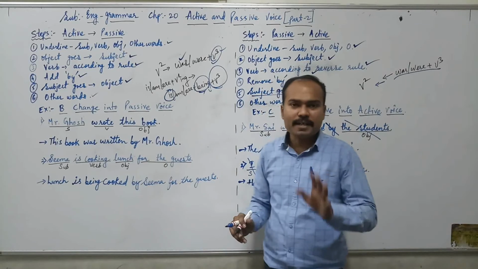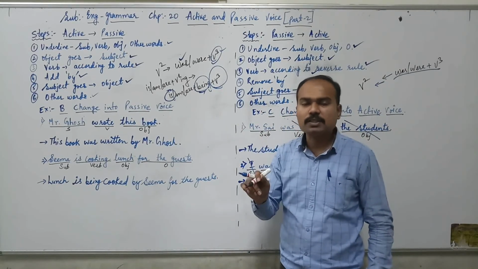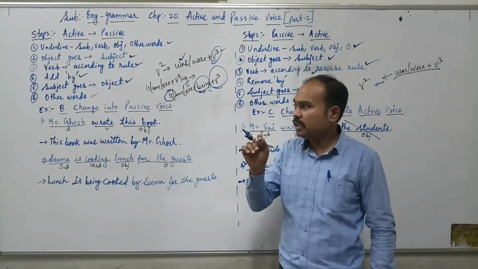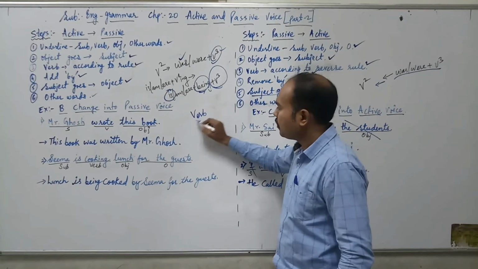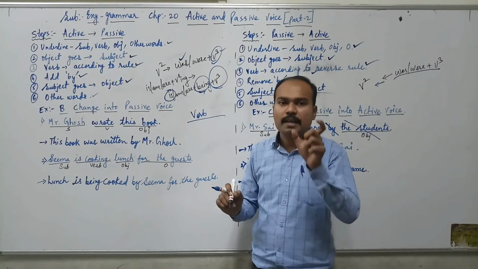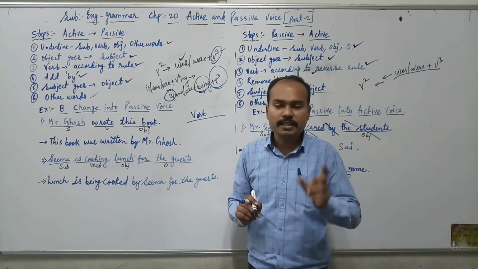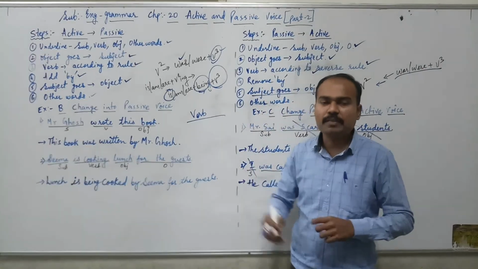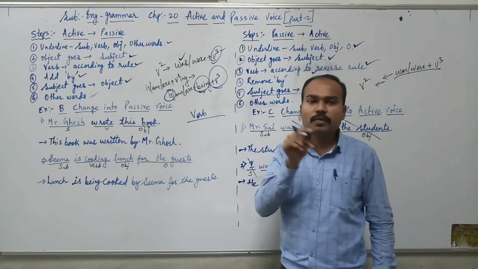In order to identify, means you have to check whether the sentence is in active voice or in passive voice. You can check only by what you have to do: you have to underline the verb. Underline the verb means find out the verb in the question and then check the verb in the previous video, changing the tense or changing the verb forms.